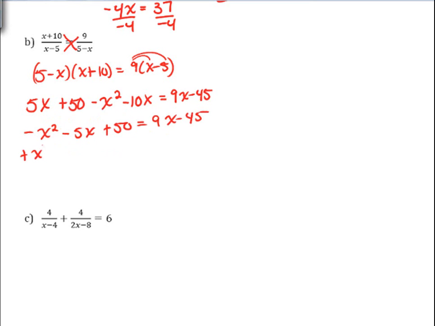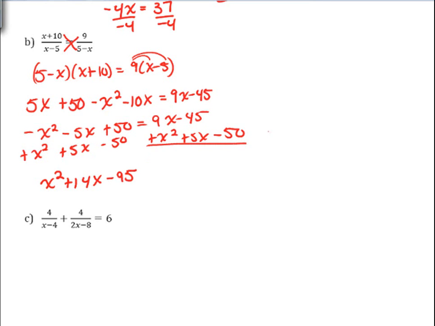So I'm going to add x squared, add 5x, and subtract 50 from both sides. So we have x squared, 9x and 5x is 14x. Negative 45 and negative 50 is negative 95. And set that equal to 0.